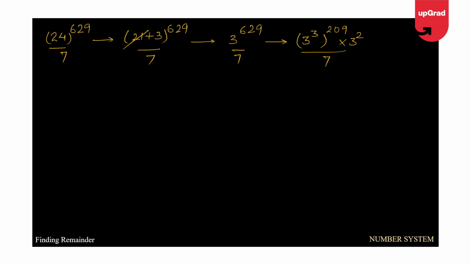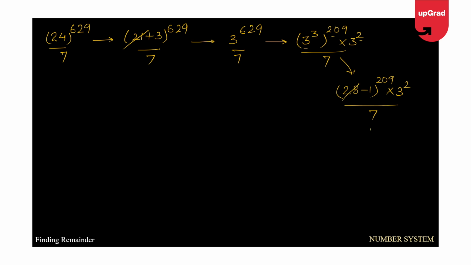So you have to be mathematically correct. So that 209 multiplied by 3 is 627 plus 2, 629. Now 3 cube is nothing but 27. 27 can be written as 28 minus 1 to the whole power 209 multiplied by 3 square divided by 7.